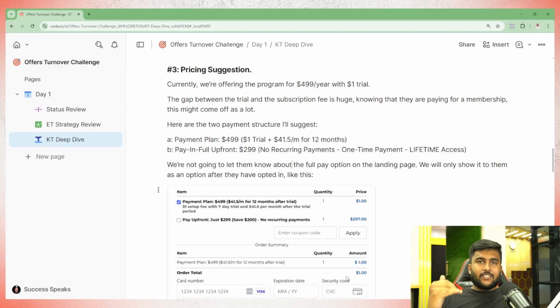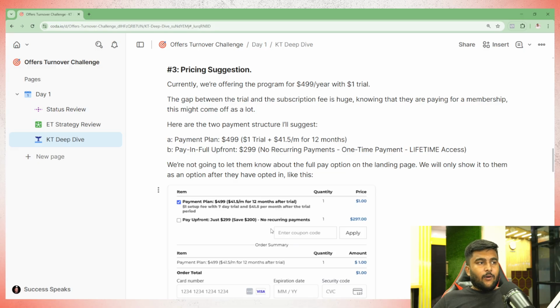So what this does is this helps us collect the name and email address, showing that they are interested. So even if they do not purchase, we can get back to them, right? So what I did was, on that two-step order form, I would reveal that we also have another option for them to pay upfront and without any recurring payments, right?